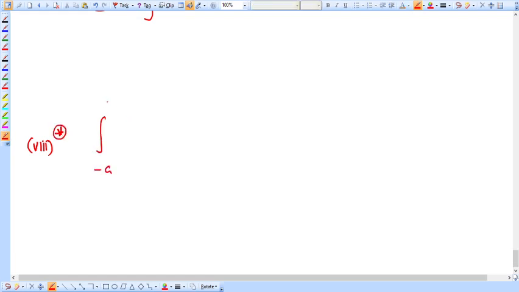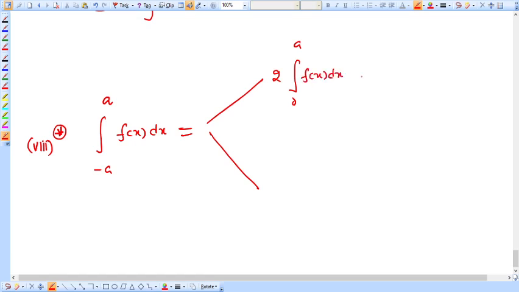Integral of f of x dx from minus a to a is equal to twice the integral from 0 to a of f of x dx, if f of x is an even function, okay.